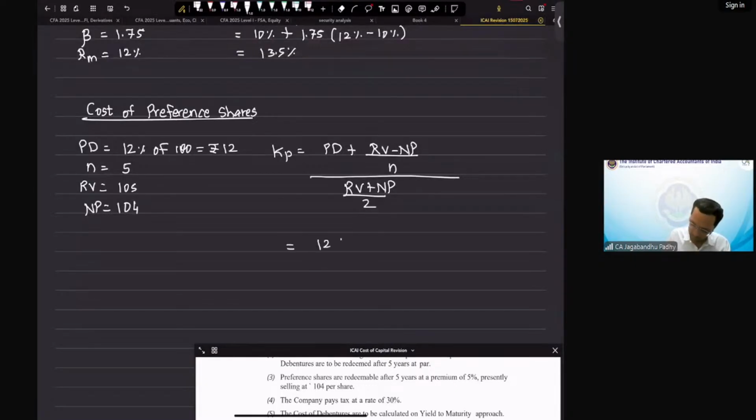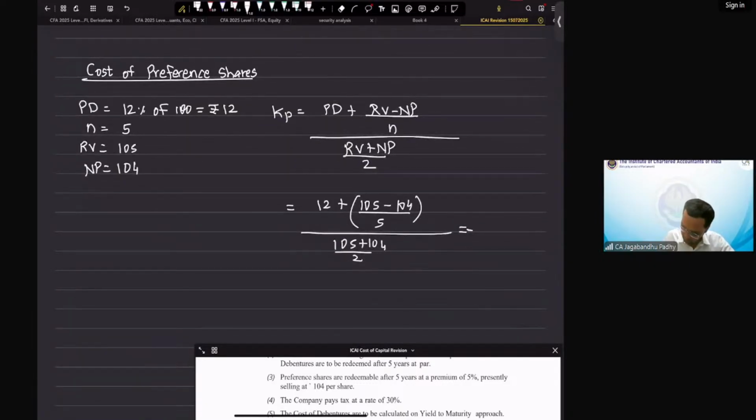Preference dividend is 12 plus redemption value is 105 minus net proceeds is 104. The whole divided by number of years, which is 5. And then we take the average of both, which is 105 plus 104 by 2.